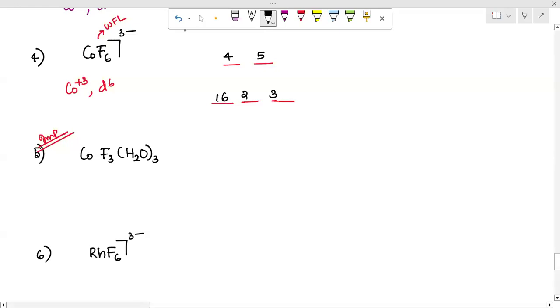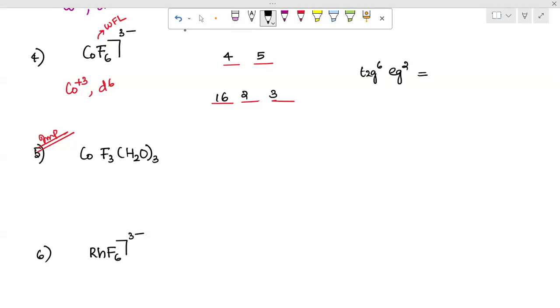And then 6 pairs up at the bottom. So t2g4, eg2. Okay, so how much? Minus 0.4 into 4 is minus 1.6 delta O. Plus at the top you have 1.2 delta O, which is minus 0.4 delta O. This is the crystal field stabilization energy. I'm repeating it again and again so that you understand.